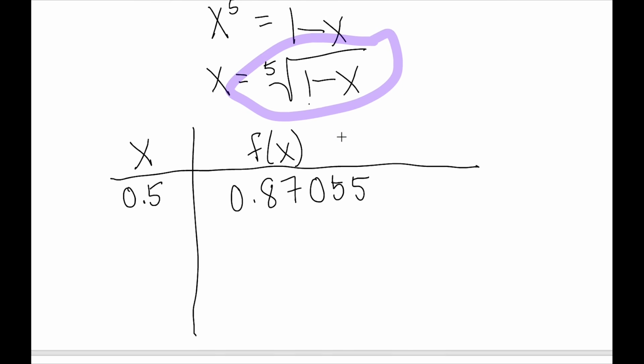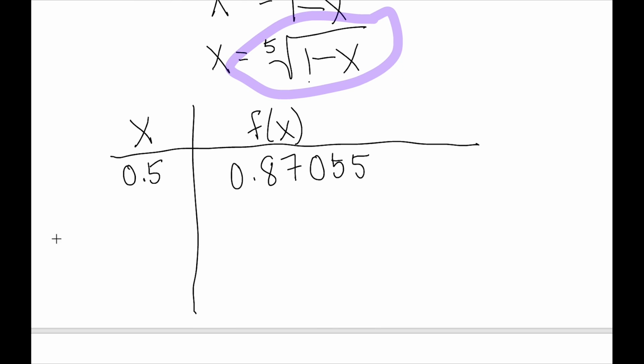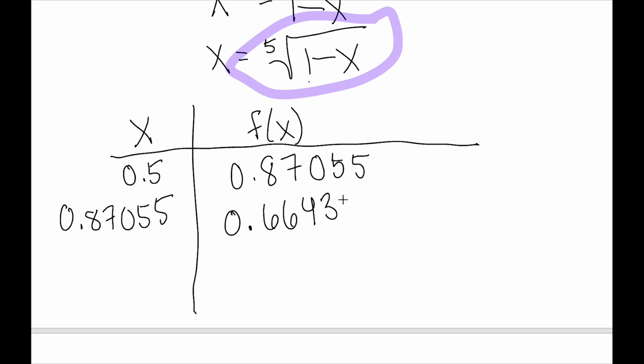Now, you have to plug this number in for x. So, once you got that answer, now store that value as x. Go back up and select the equation you typed in. Okay. Store this as x.